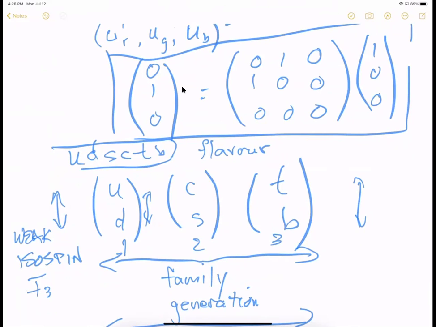Now, in the early 70s, Salam and Weinberg and others developed the electroweak unification. And that takes the SU2 that people were using for the weak interaction and the U1 that people were using for electromagnetism, and it combines them non-trivially.